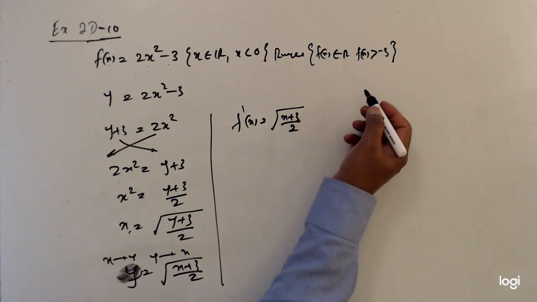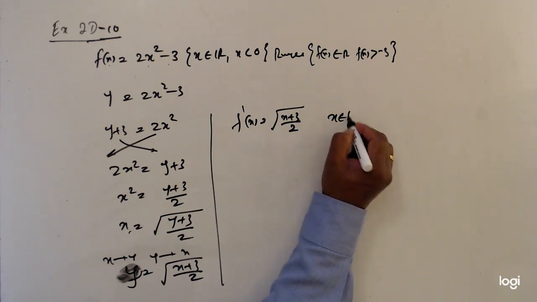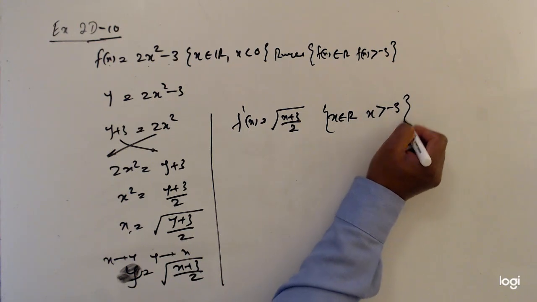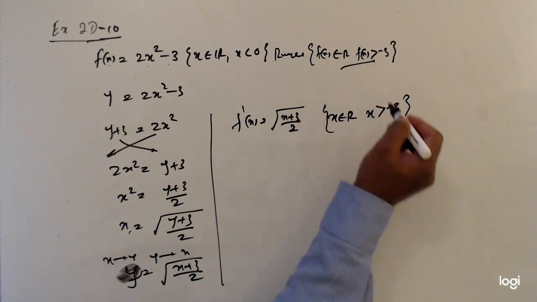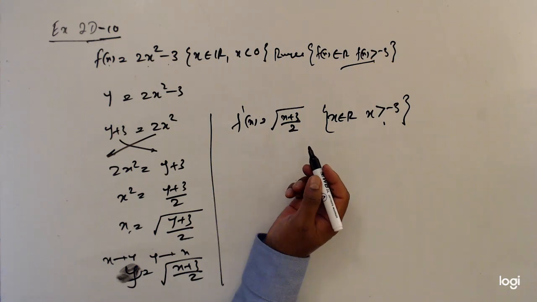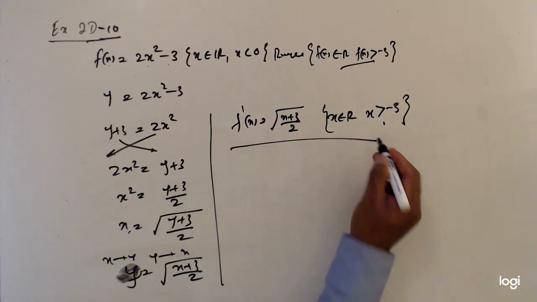And now the domain is x is an element of real numbers and x greater than minus 3, because range becomes domain and it is still valid at minus 3 if it doesn't define any negative roots. Now this is how usually children do it.